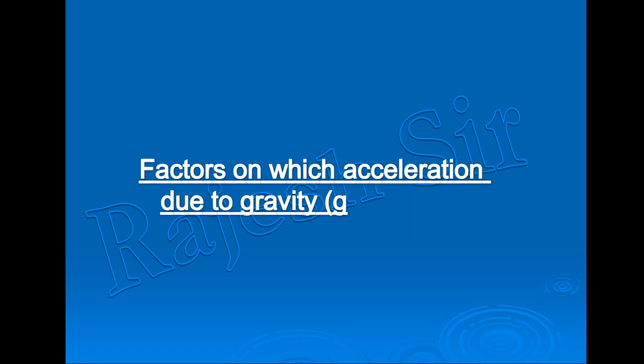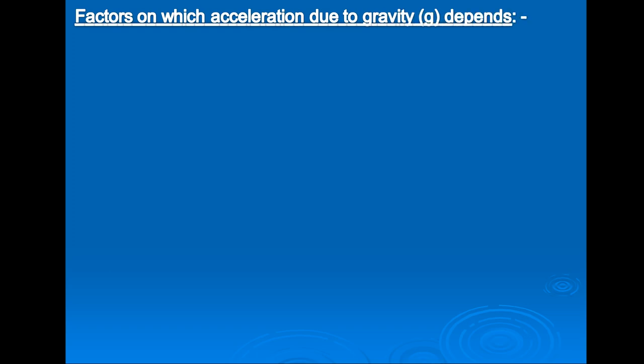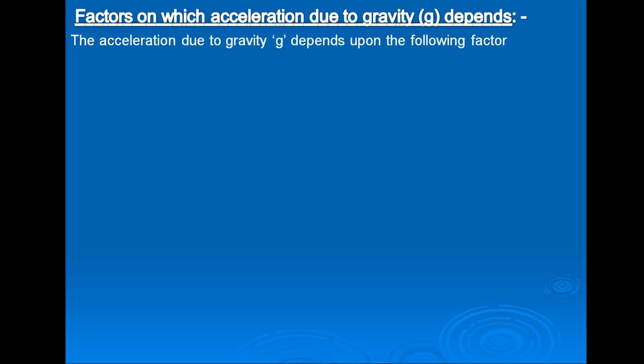Now we will discuss factors on which acceleration due to gravity, small g, depends. The acceleration due to gravity small g depends upon the following factors.